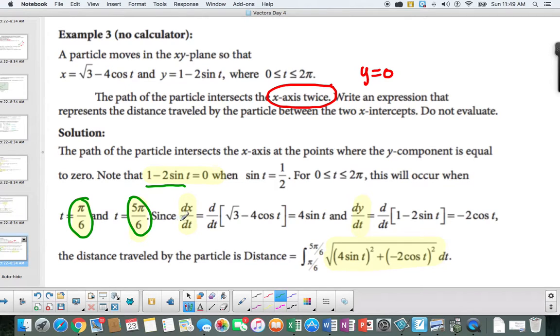So we want to figure out the distance traveled from this t to this t. What we're going to do is use arc length. So we're going to take the derivative dx dt of this and dy dt, and we're going to take those and get these values, put them in here, square them, and evaluate from pi/6 to 5 pi/6. And that will be the distance traveled.